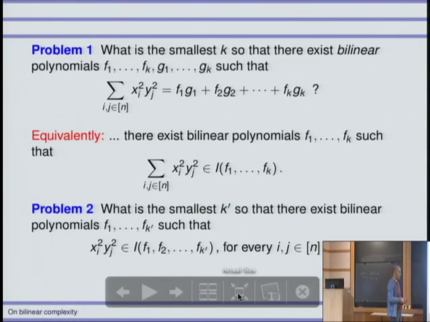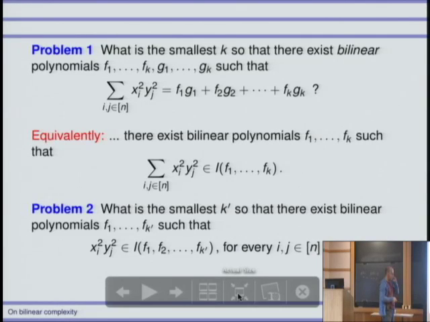Isn't this similar to asking whether you can choose any linear combination instead of summing them up and still express it? Yes, it's the same idea.